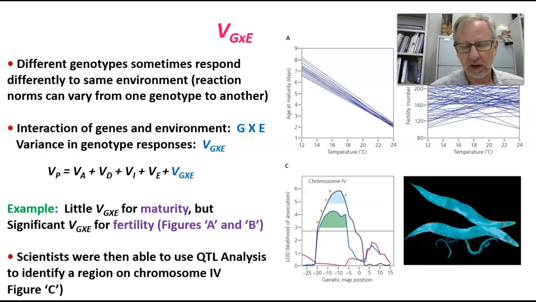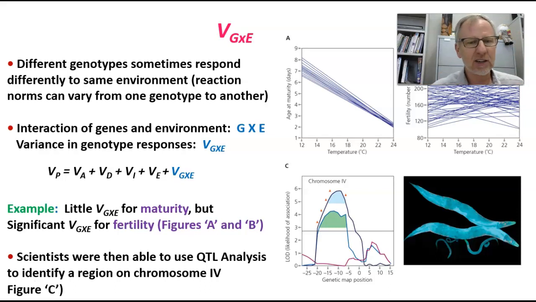So on the very bottom left of the figure in part C, it's showing that once this interaction was found between fertility and temperature, then they were able to do a QTL analysis, again, from a couple sections back here, doing inbred lines of worms for different phenotypes, then crossing them 2 times to get F2 hybrids, and then from those F2 hybrids, the steps of a QTL analysis, figuring out which genetic markers in the chromosomes are related to which phenotypes.